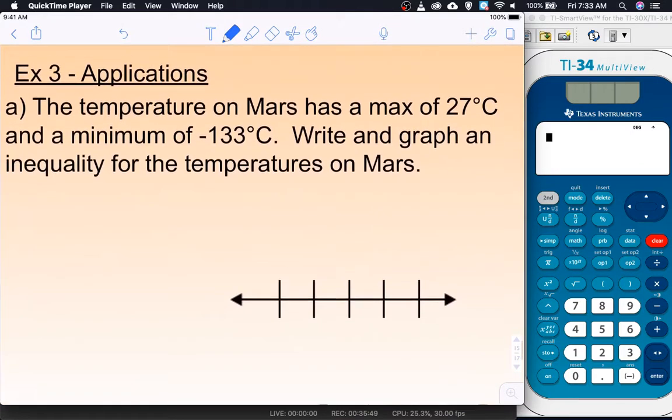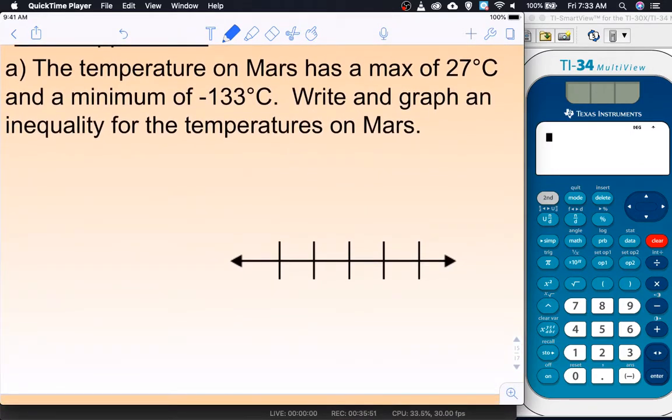All right, applications. The temperature on Mars has a maximum of 27 degrees and a minimum of -133. Write and graph an inequality for the temperature on Mars.